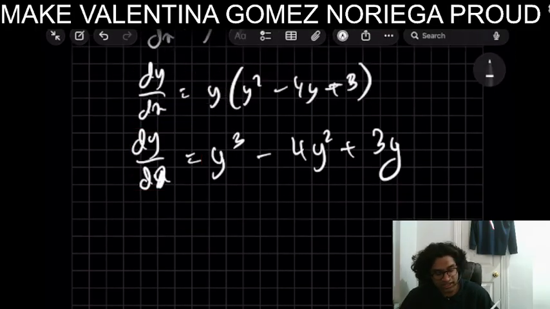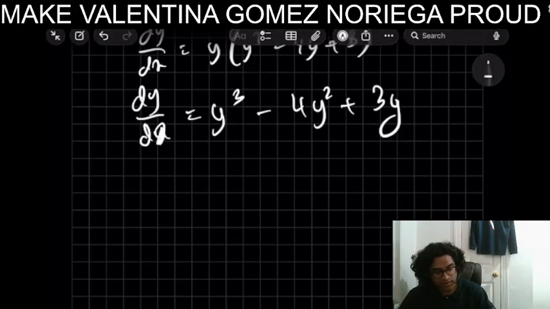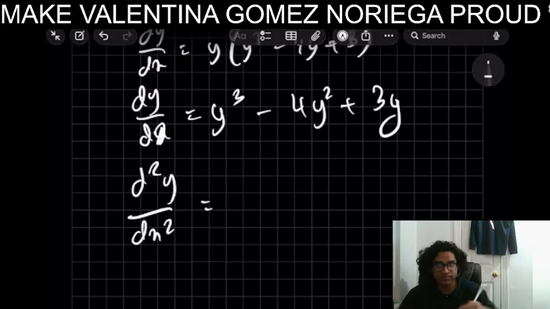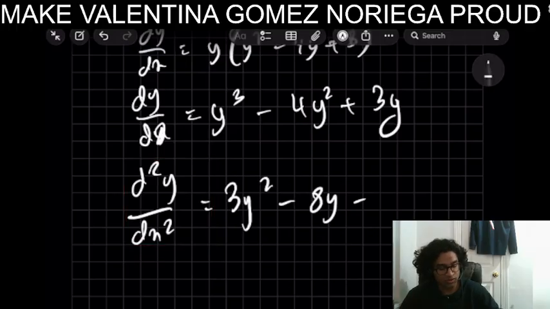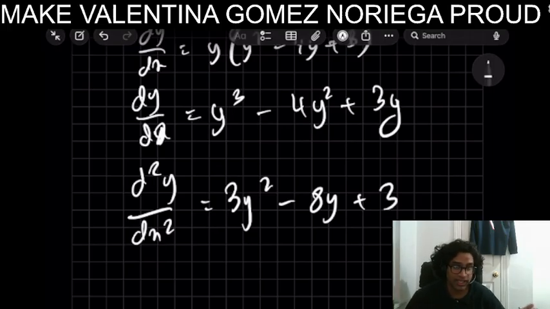If I differentiate this, d square y by dx square is just the first derivative of the first derivative. That's the second derivative. So we're going to have 3y square minus 8y plus 3, because dy by dx of y cube is 3y square, of 4y square is 8y, and of 3y is 3.